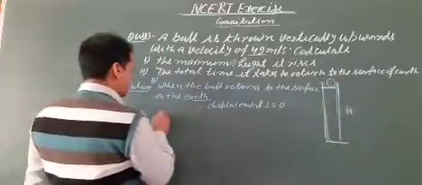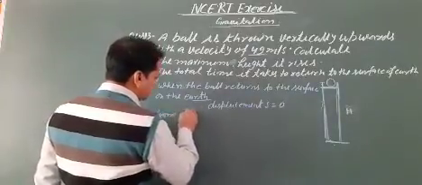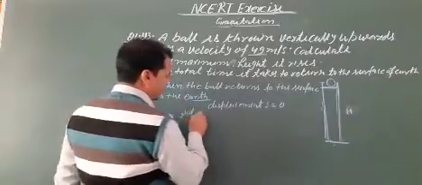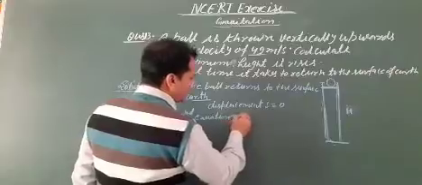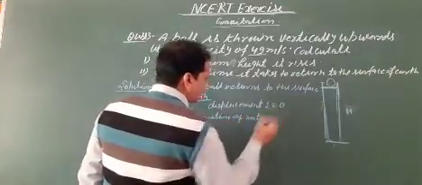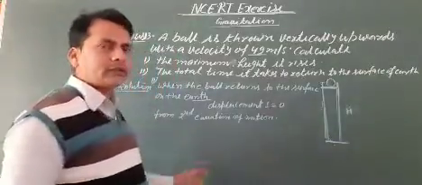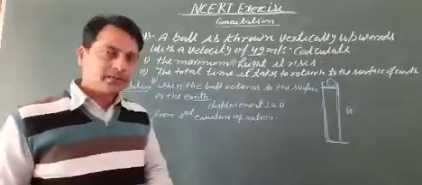From the second equation of motion, we know that s equal to ut plus half at square.